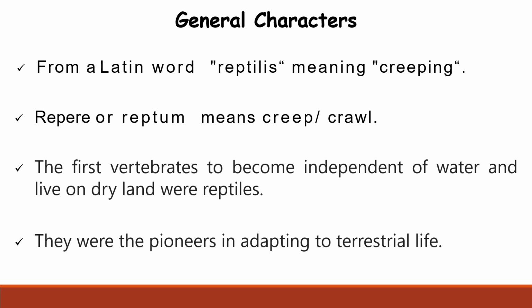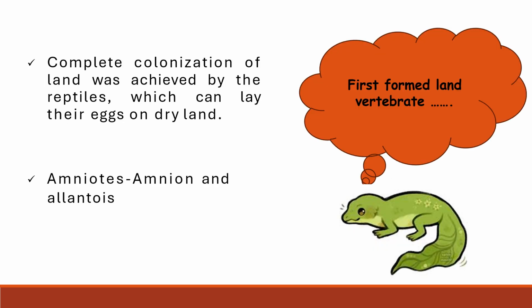They became independent of water and started living on dry land. They were pioneers in adapting to terrestrial life. And even complete colonization of land was achieved by this class Reptilia, which can lay their eggs on dry land.